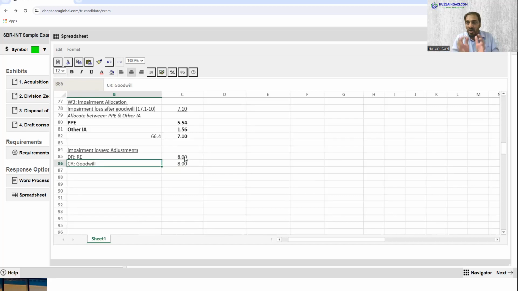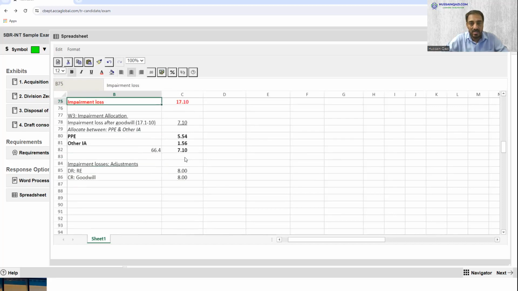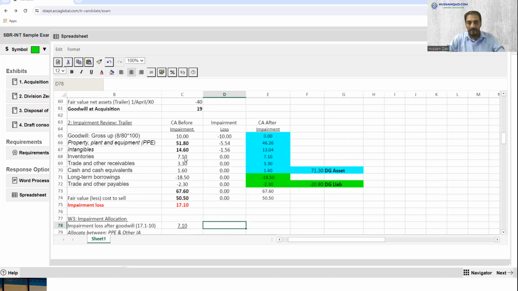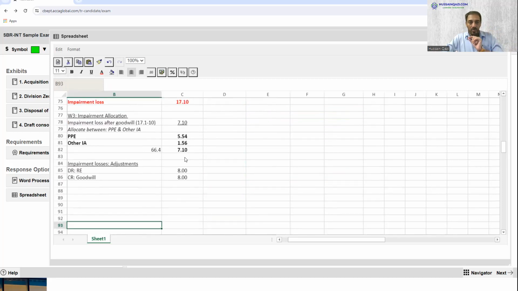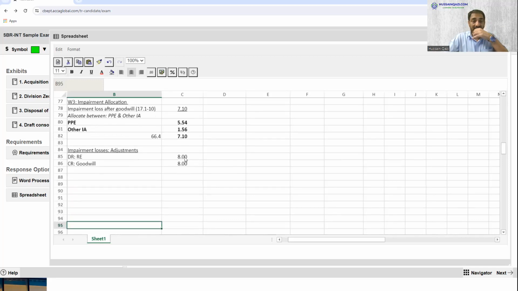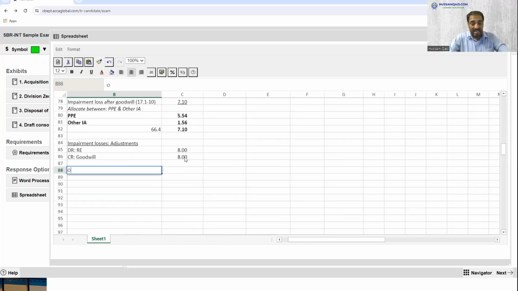Only 8, because this is the proportionate method. Although the 10 impairment loss is mentioned here, 10 is only the mathematical figure. It's only about grossing up. Under the proportionate method, the goodwill impairment is not affected to the NCI.